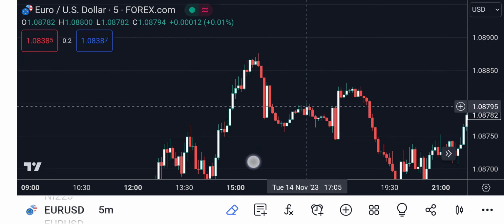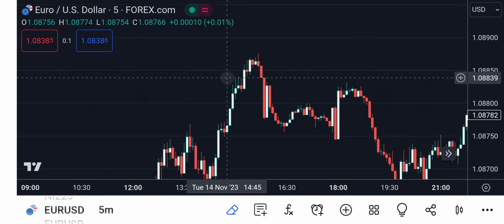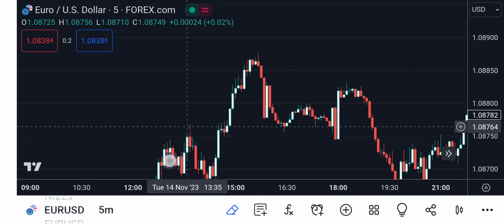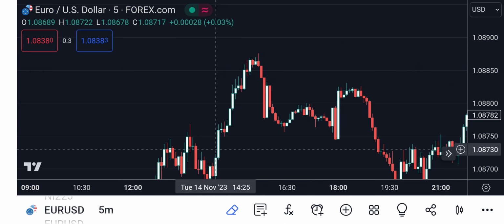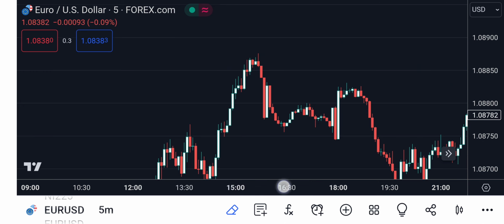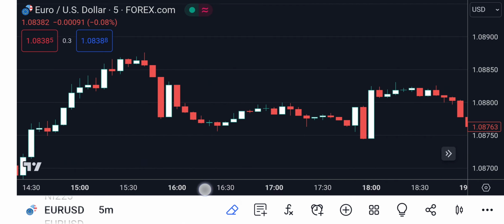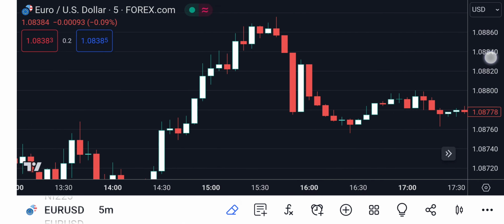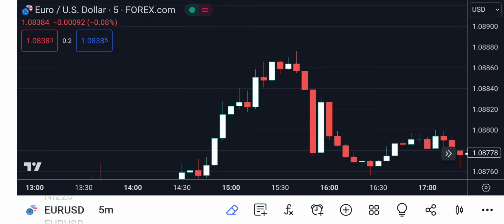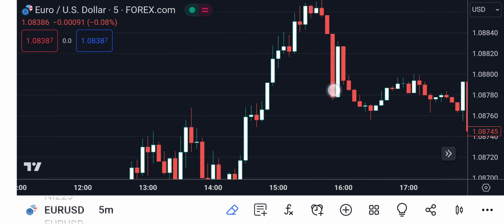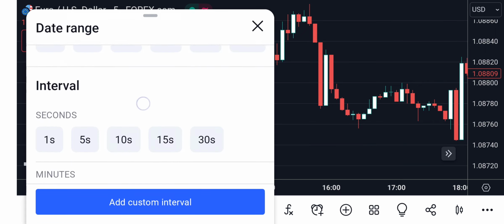You can start it from down there, it doesn't really matter. What I'm interested in is this price here. Let me change the time frame as well. Let me go to 1 minute.